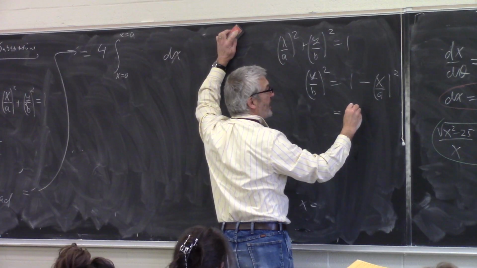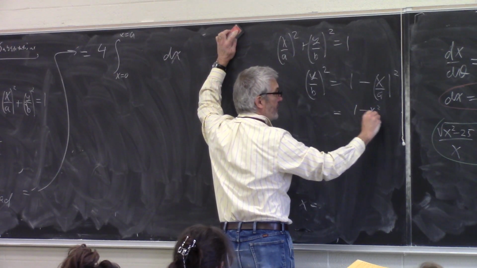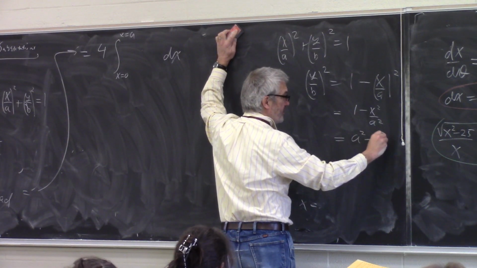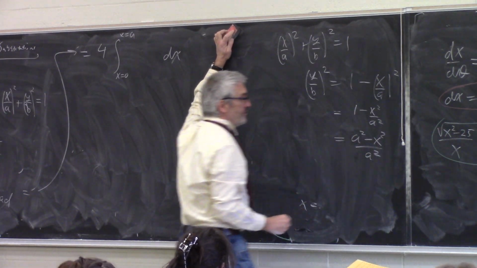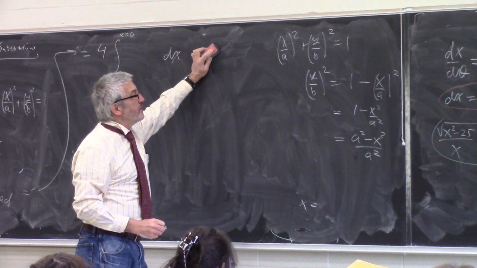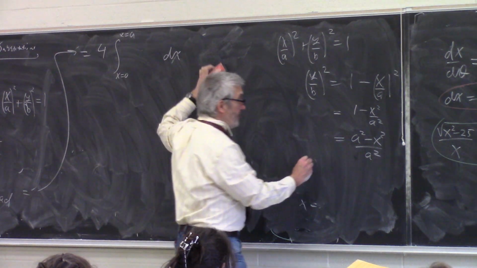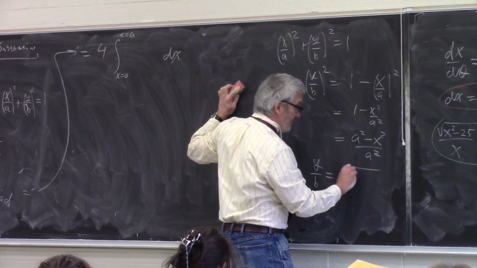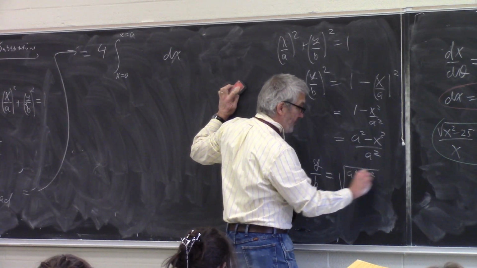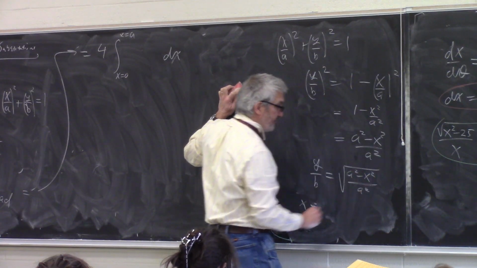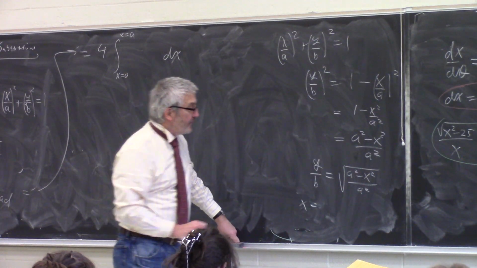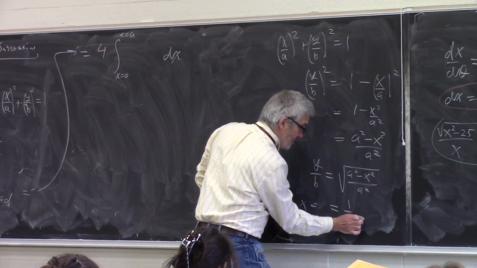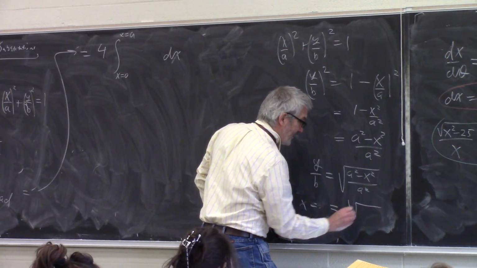This is the same as saying 1 minus x squared over a squared, and this is the same as a squared minus x squared all over a squared. So if I take the square root of both sides, I get y over b is the square root of a squared minus x squared all over a squared. I can bring out that a squared from the bottom, and it just comes out as an a.